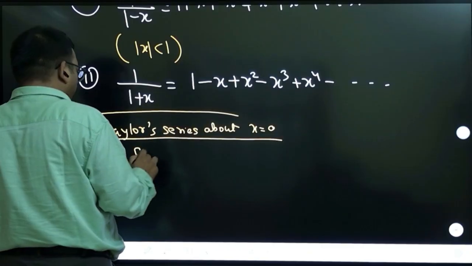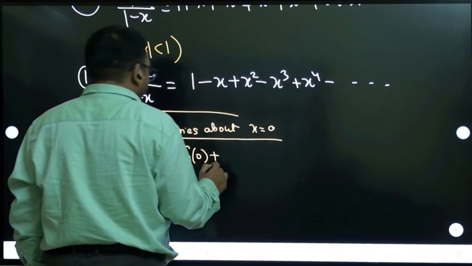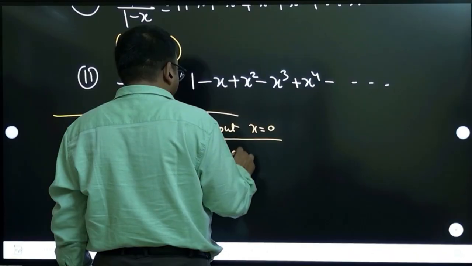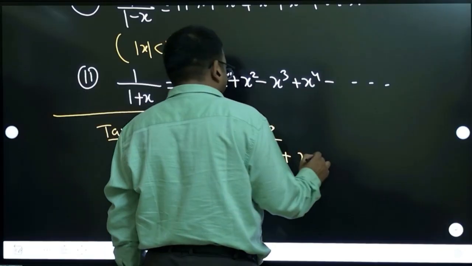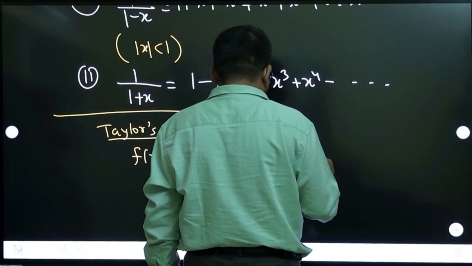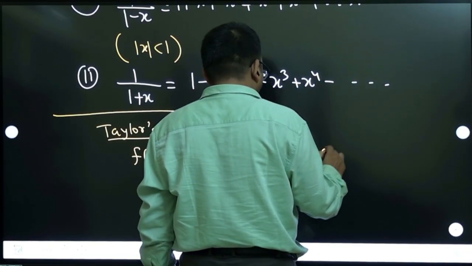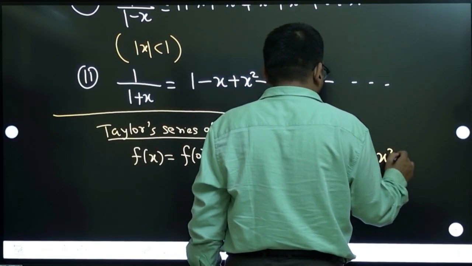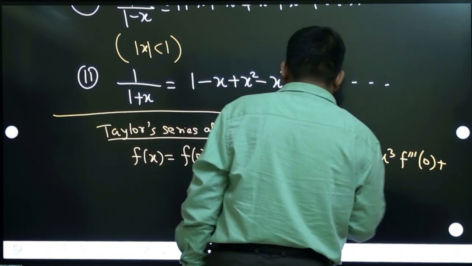If you write, f of x can be written as f of 0 plus x into f dash 0 plus x square f double dash 0 plus x cube f triple dash 0, like that it will go.